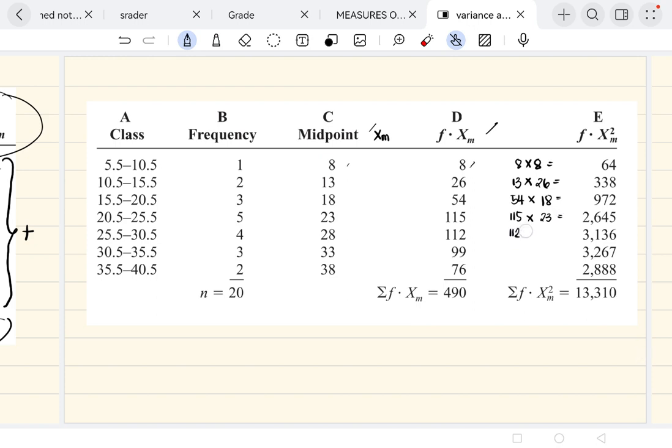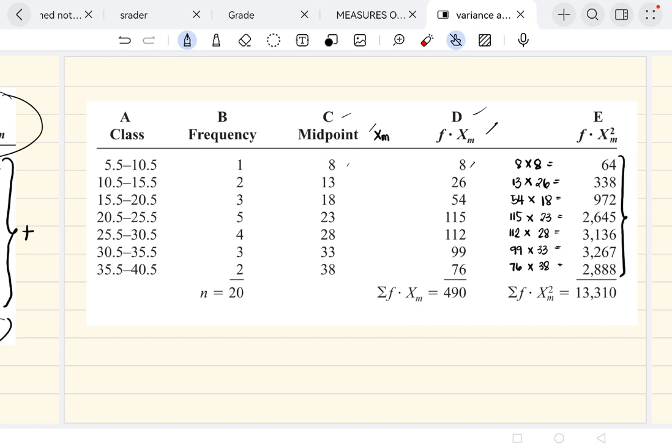Next, 112 times 28, that is 3,136. Next, 99 times 33, that is 3,267. And the last one is 76 times 38, that is 2,888. After multiplying our column D by our column C, now we will find the sum.